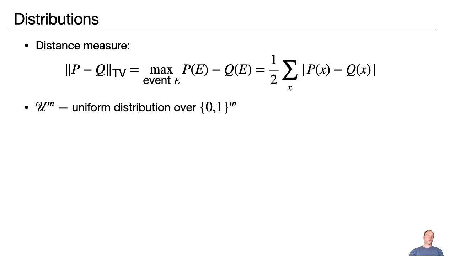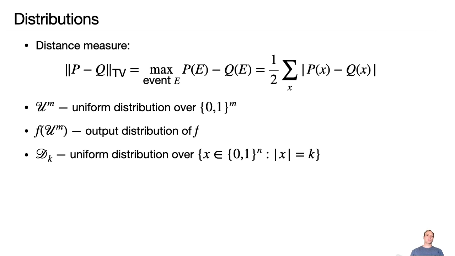The notation we'll use for the remainder of the talk is this script U_m to denote the uniform distribution over m-bit strings, f(U_m) as the output distribution of our function f when fed with these random bits, and this script D_k as the uniform distribution over n-bit strings of Hamming weight equal to k.